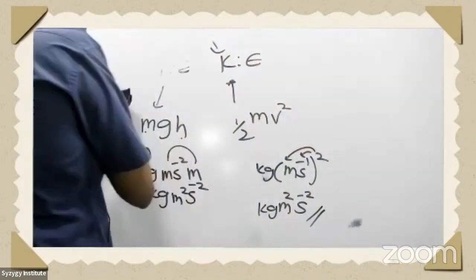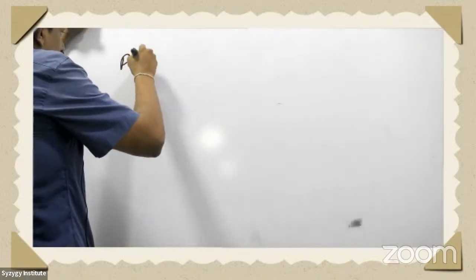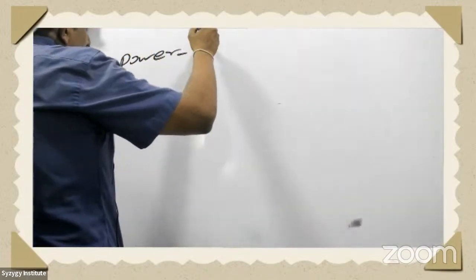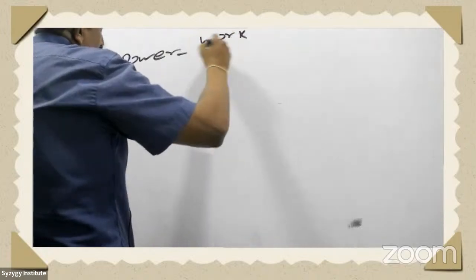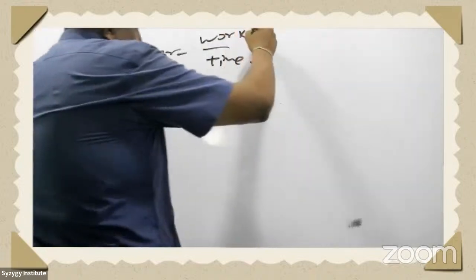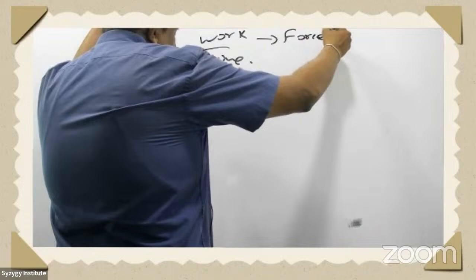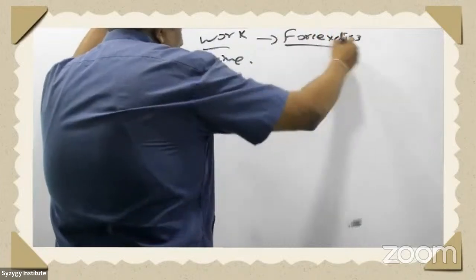Power, in what? You can write power as work over time. You can write work as force into displacement over time.